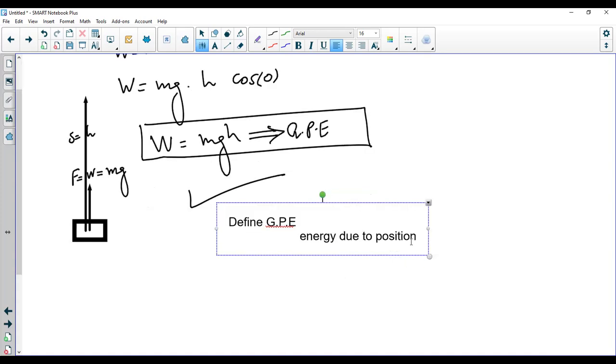Okay, so the next thing is define kinetic energy. Although we have discussed it, you can quickly define it.